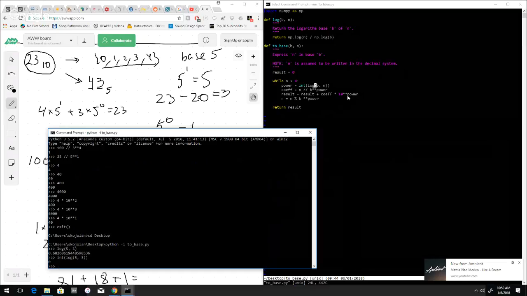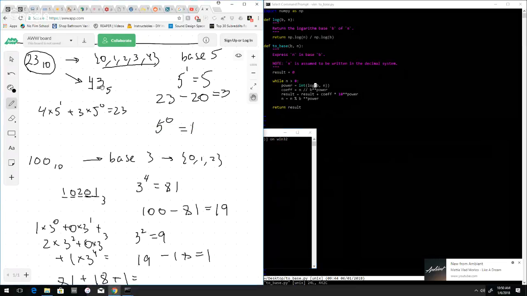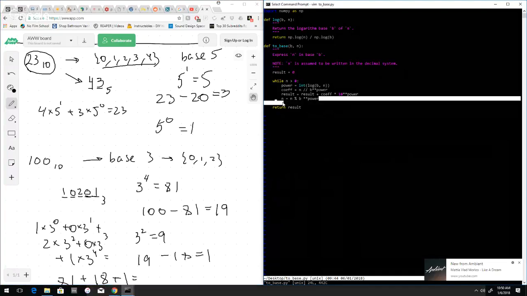Well, since the power was 0, 10 to the 0th power, that's the unit digits. So we know that our 3 is going to go in the unit digits, which is right here. So in the previous iteration, result was 40, but plus, now in the unit digit, we put a 3. And now we say, okay, what is the remainder after we divide? And that remainder is now, of course, going to be 0, and we're done.